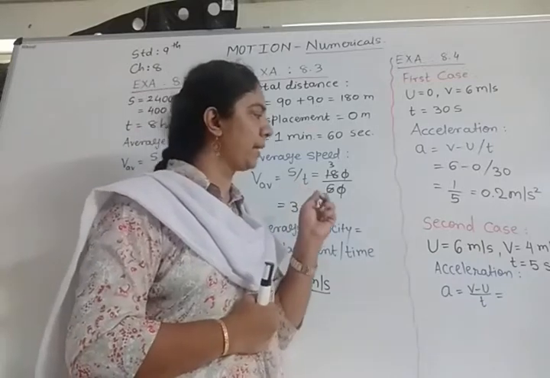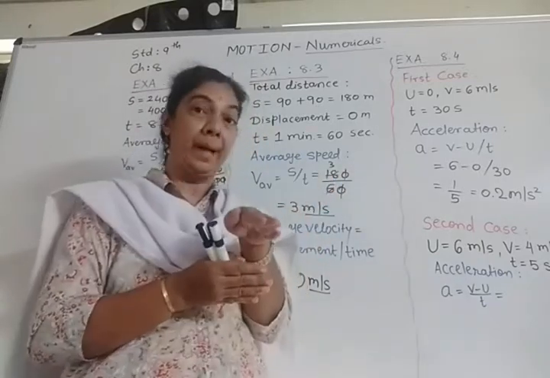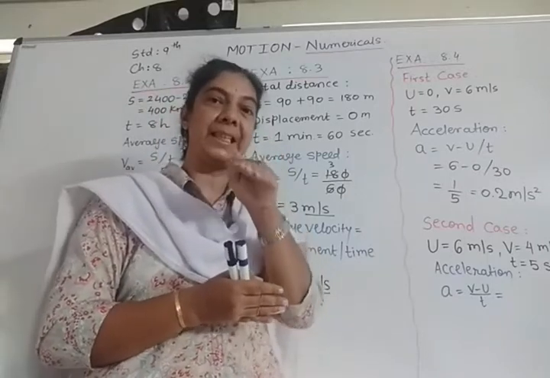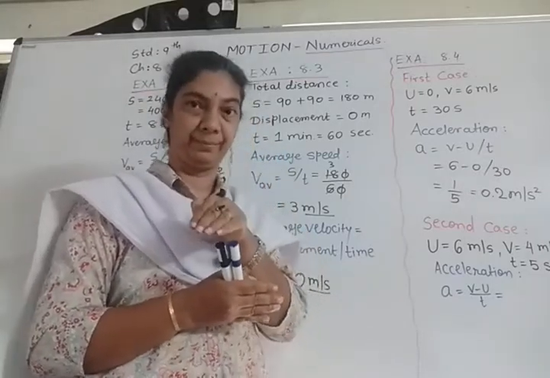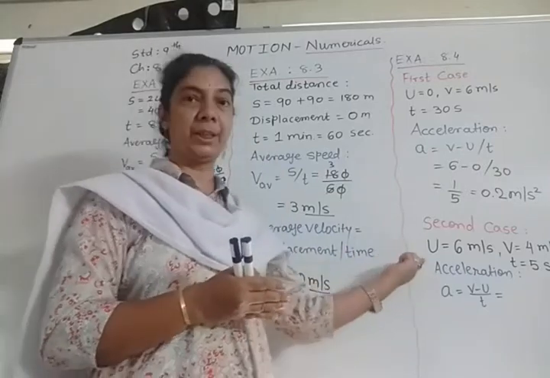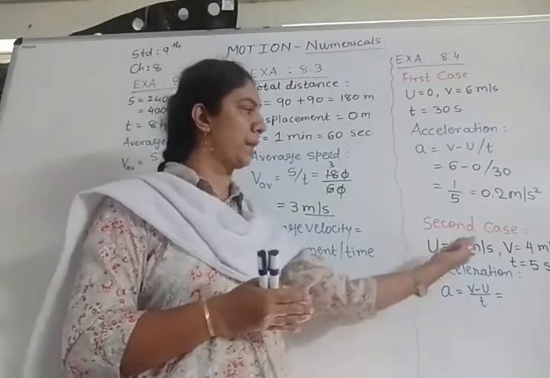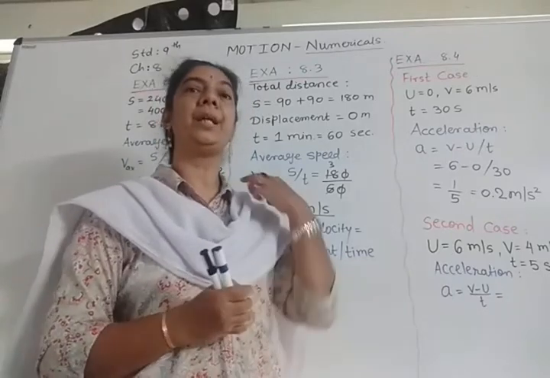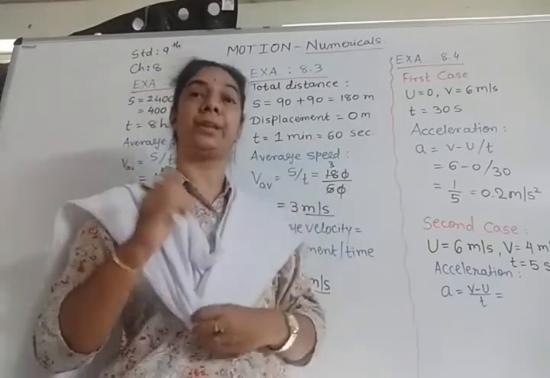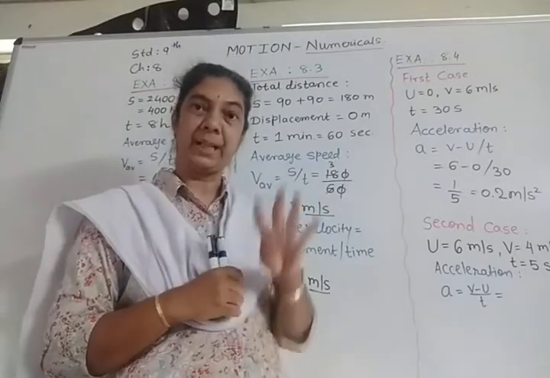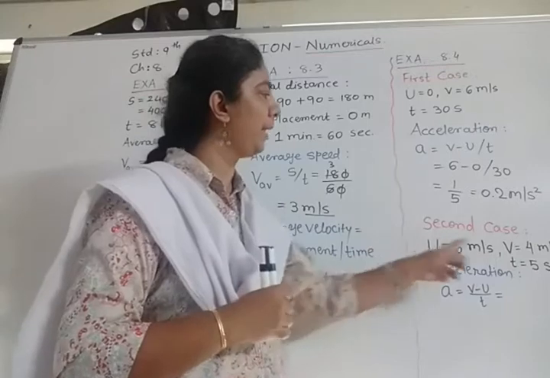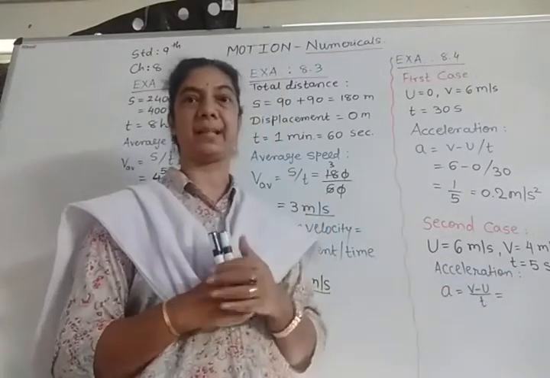So for the second part, he was already having the speed of 6 meter per second, so the initial velocity becomes 6 meter per second. Final velocity is the reduced velocity, and that is 4 meter per second, and that he is achieving in 5 seconds time.